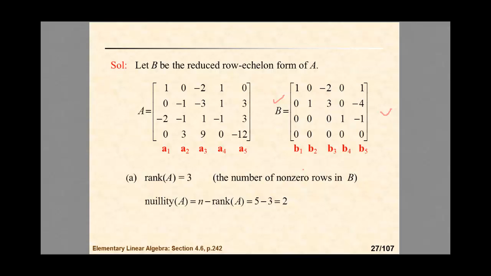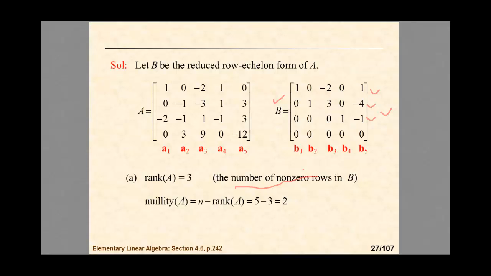By the definition of rank, it is the number of non-zero rows. Here we have 3 non-zero rows, so we say that the rank of this matrix is 3.